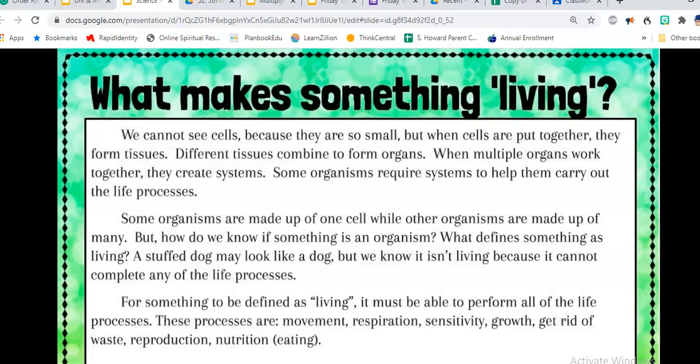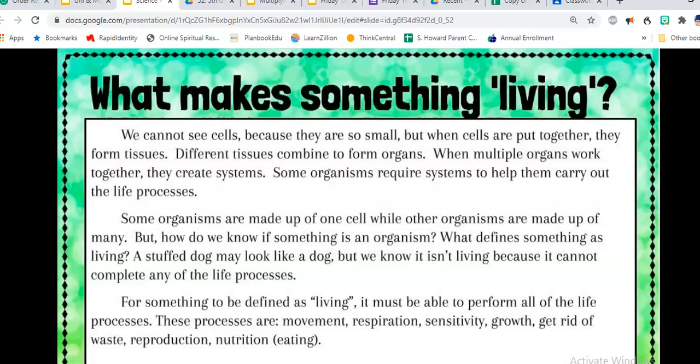So we've got all kinds of different cells that make each of those, the tissues that make those organs. And then those organs work together to create these systems that allow us to function. And so we're quite complicated organisms. So we would be complicated multi-cell organisms.